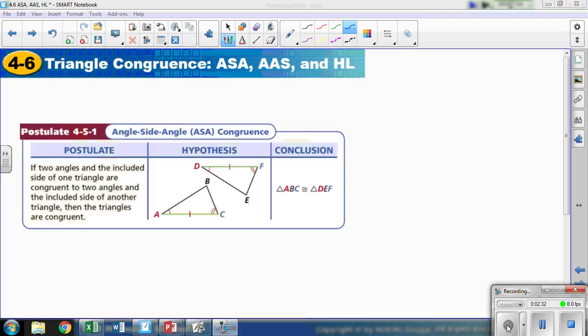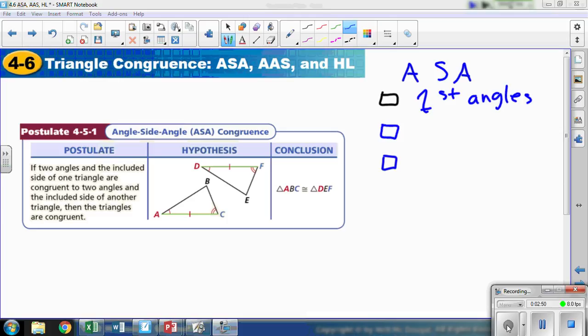Well, first one we've got is angle side angle. It's a lot like side angle side. The name tells us exactly what we need. We would need a first pair of angles. We would need a second pair of angles.